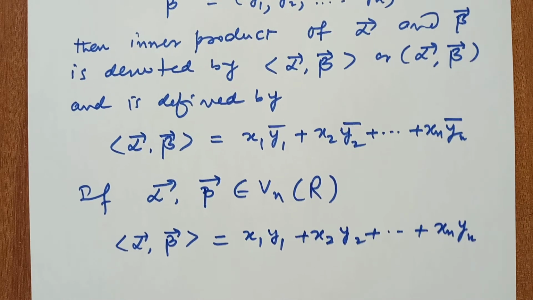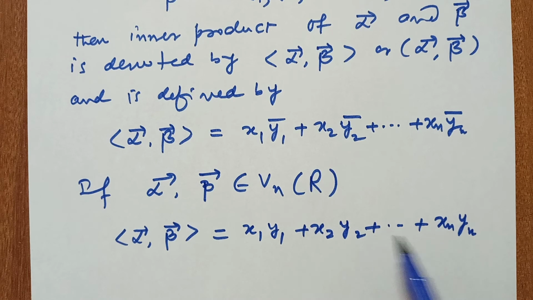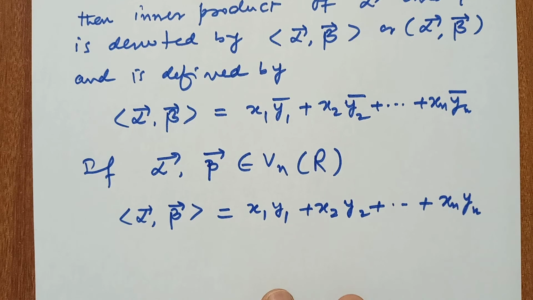In the case of real numbers, the conjugate of a real number is that number itself. So in the case of real numbers, the inner product of alpha and beta is equal to this, which is a scalar quantity. So this is the inner product.